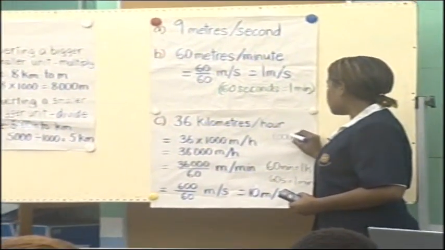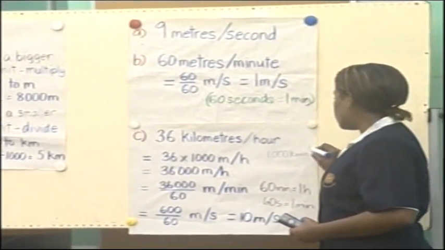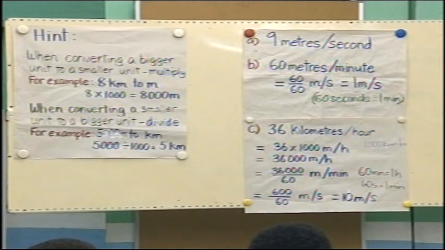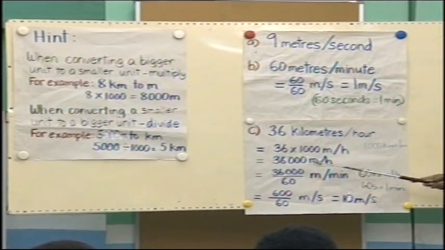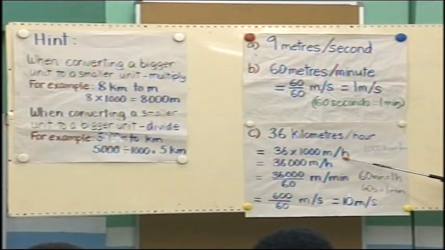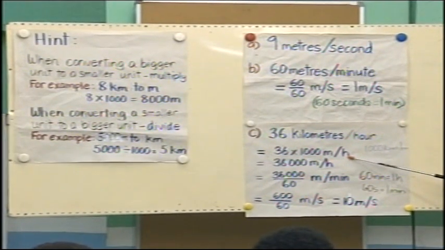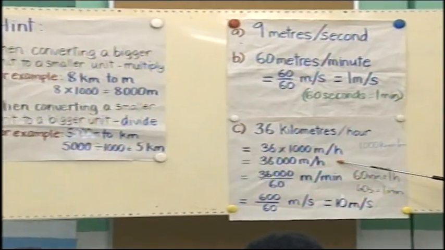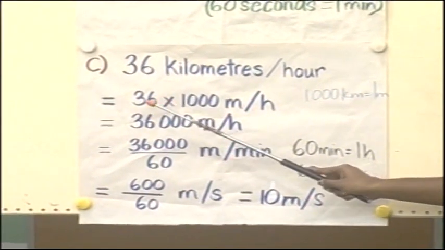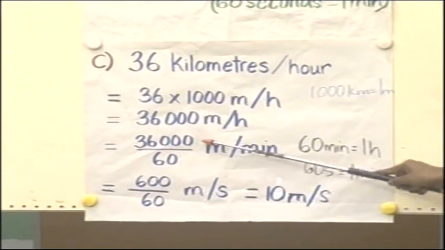So 36 times 1,000 will give me 36,000 meters per hour. But remember, I haven't changed hour yet. So I still have to change it into seconds. So 36,000 is already fixed, 36,000 meters.